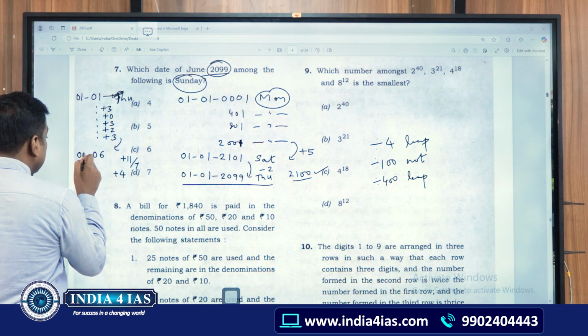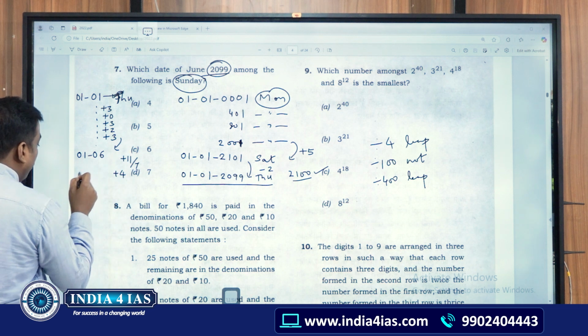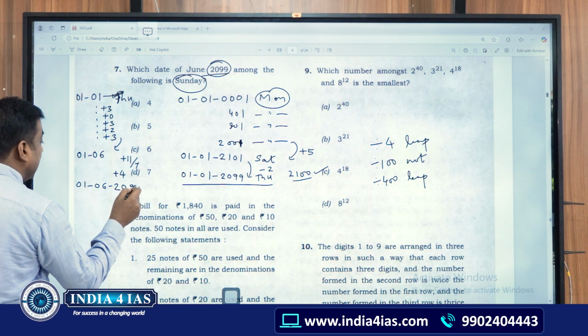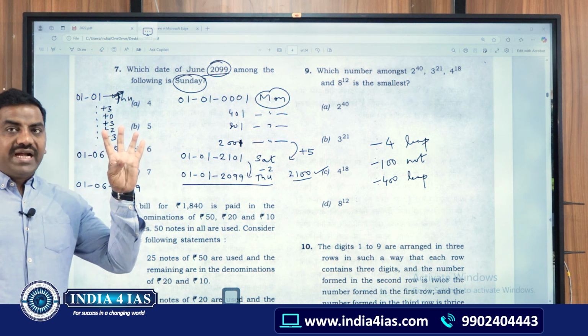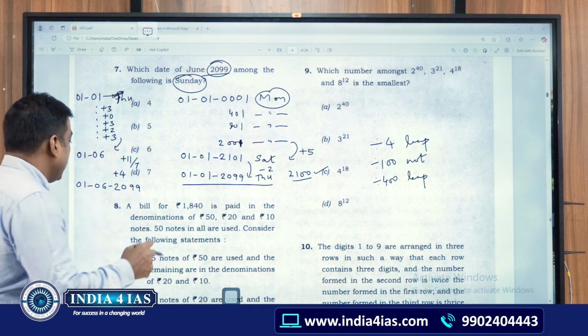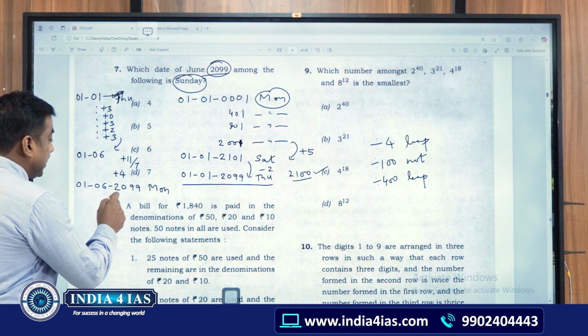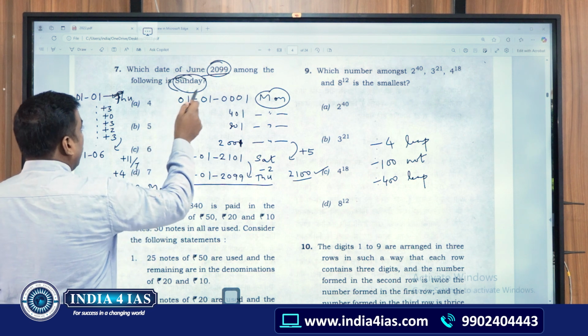So 1st June 2099 is Thursday plus 4. After Thursday: Friday, Saturday, Sunday and Monday. So 1st June 2099 is a Monday. Now we want a Sunday.